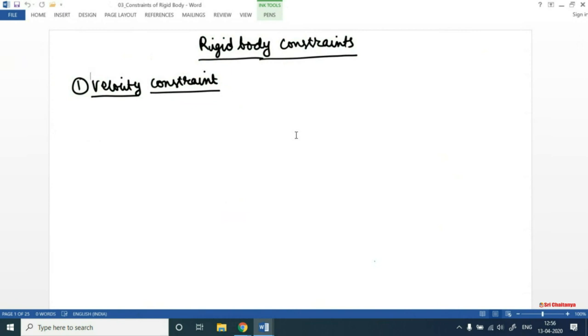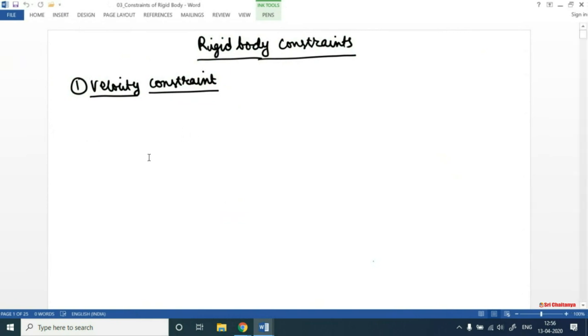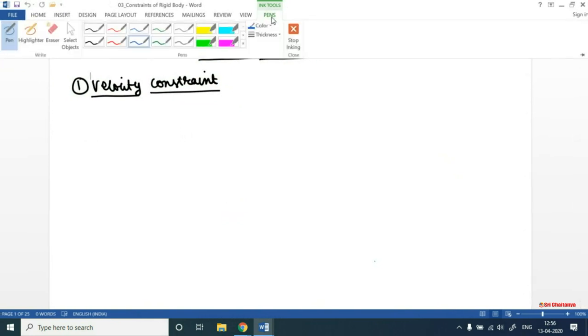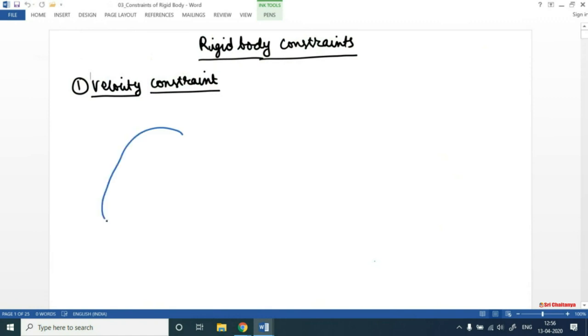Velocity constraint equation simply means that we must be able to relate the velocities between any two points on the rigid body. Let's say, for example, we have some rigid body moving, and we have chosen two points A and B on that rigid body.